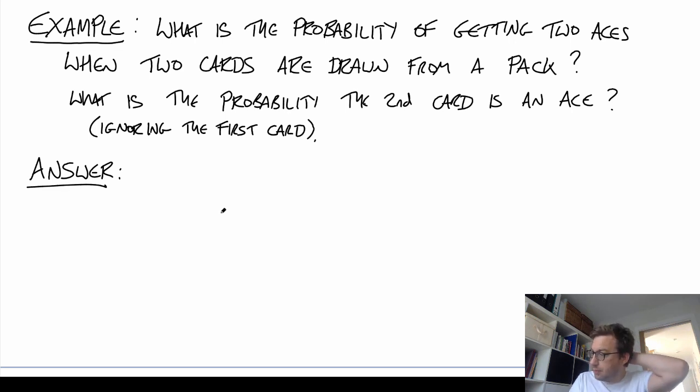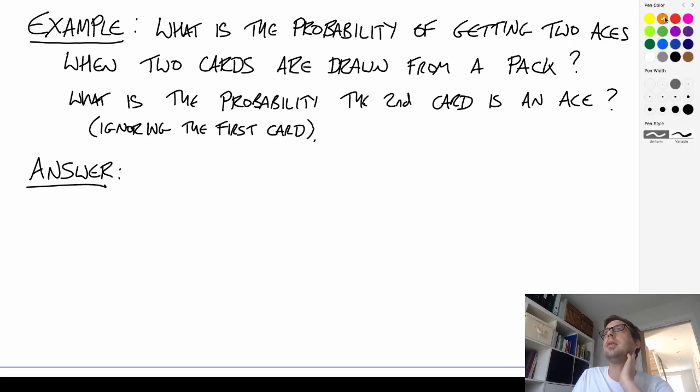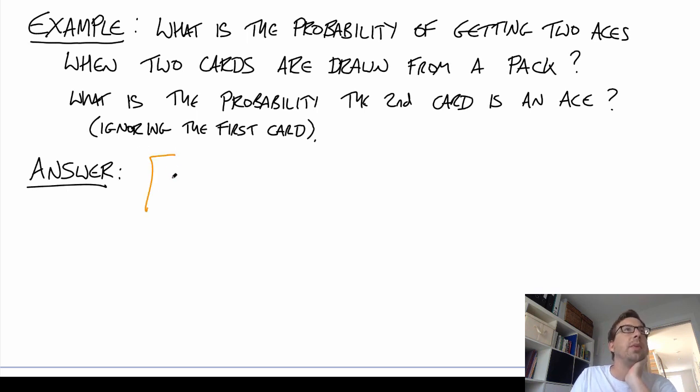Let's answer that question. The previous way we would have gone about doing this would have been that there are 52 choose 2 ways of taking 2 cards out of a deck.